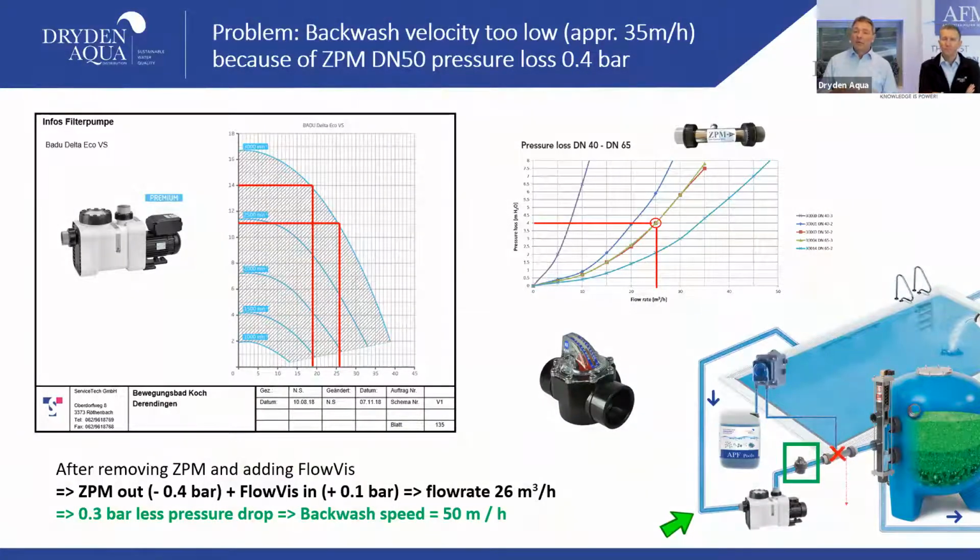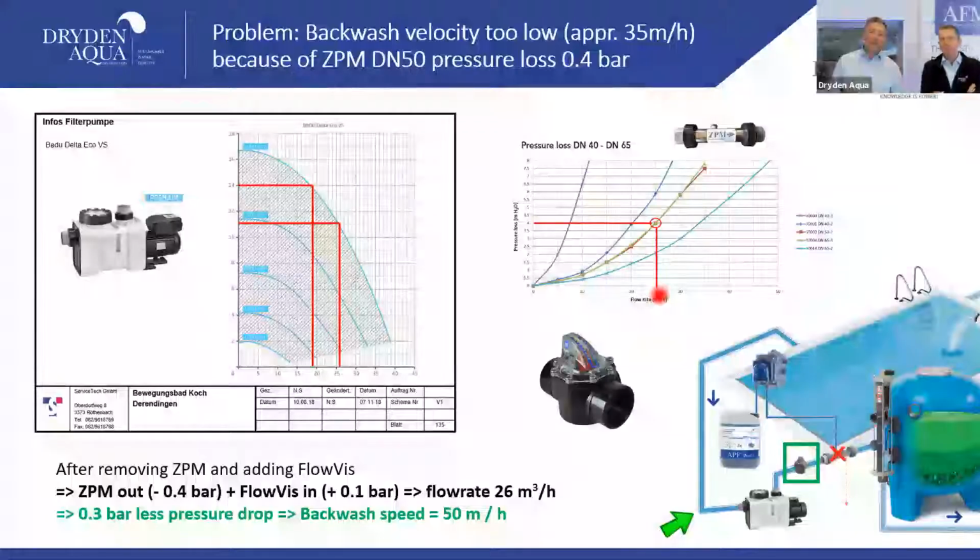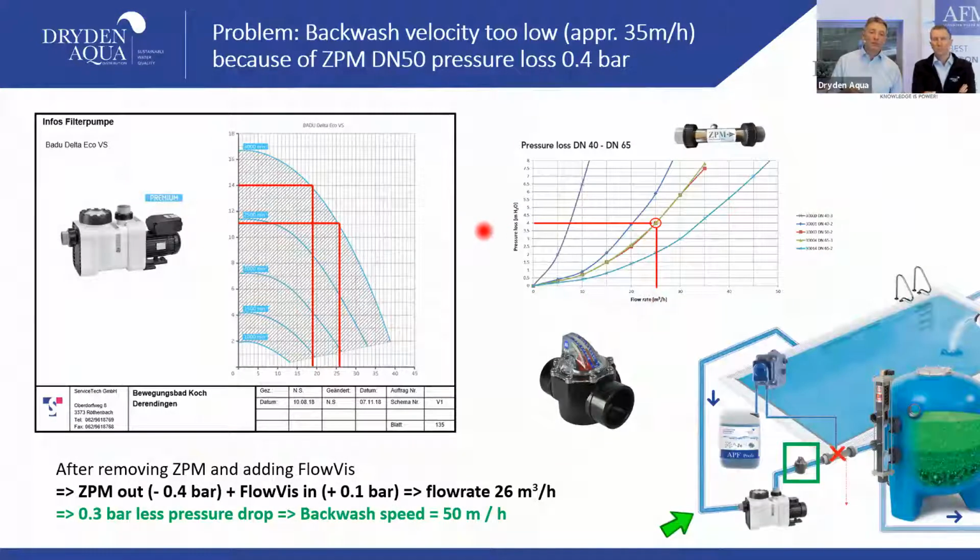And this CPM, you know, if we want to backwash this filter of 840, surface is 0.5 square meter, at 50 meters per hour, you need 26 cubic meters per hour flow rate to backwash it. And if you go down to the CPM, the DN50, you see at this, you have a pressure loss of 400 millibar, 0.4 bar or 4 meters.